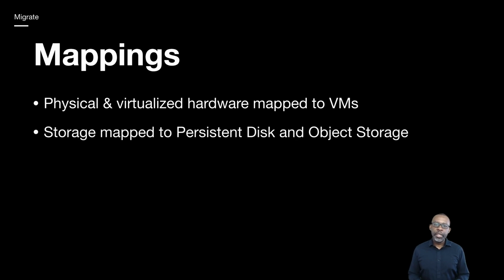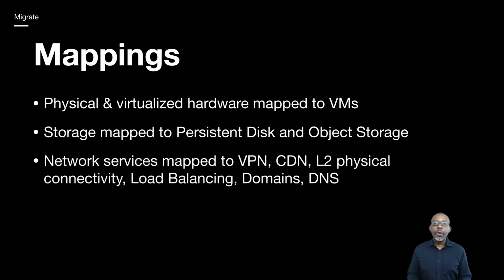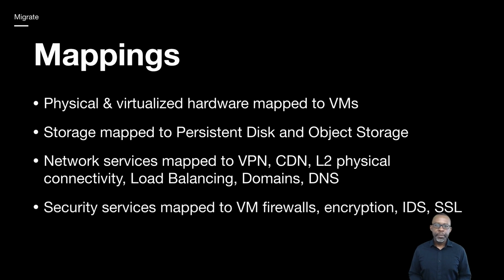Another consideration is how storage services in the on-premises environment map to services such as persistent disks and object storage in the cloud. There are also many network services in the cloud, for example, content distribution networks, DNS, load balancers, and the mapping of these services to services in the source environment also needs to be considered.